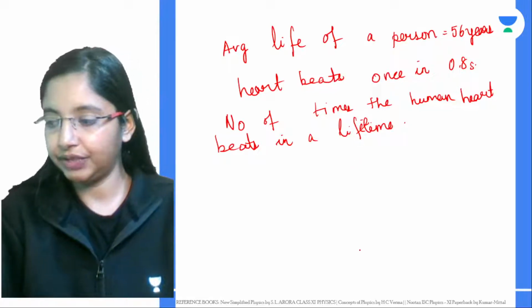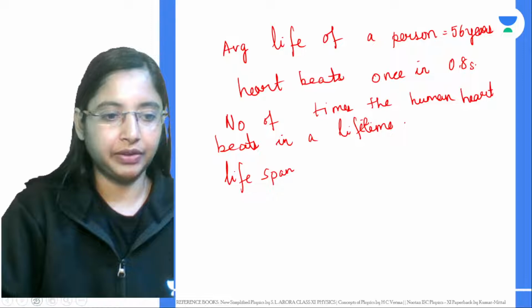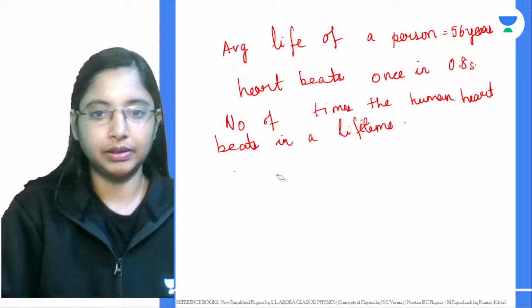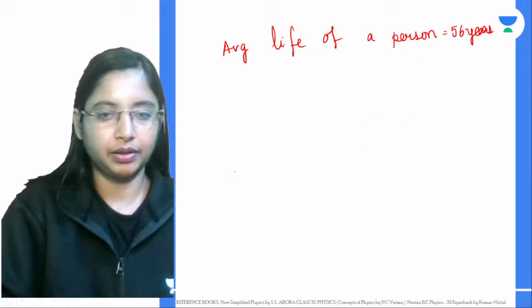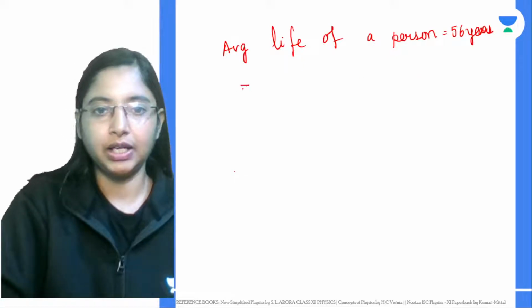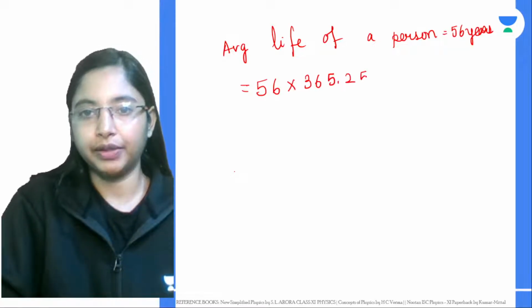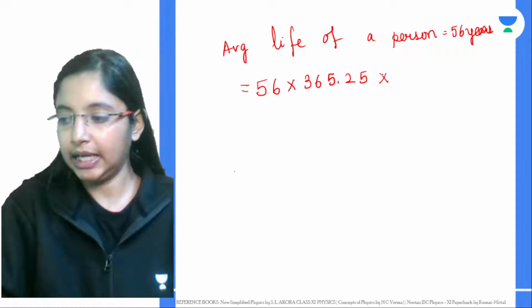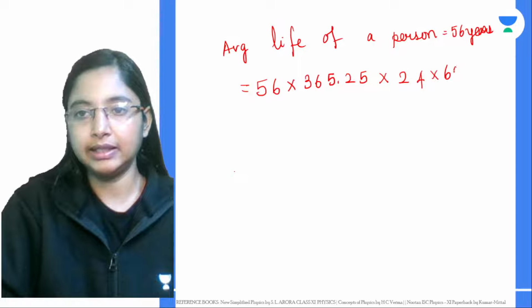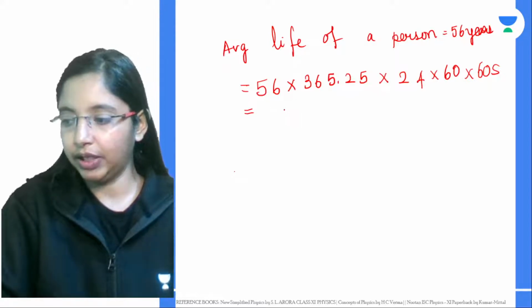Let's convert 56 years into seconds. The average life of a person is 56 years, which in seconds will be 56 into 365.25, since one year has 365.25 days, and one day has 24 hours, one hour has 60 minutes, and one minute has 60 seconds. This is the average lifespan of a man.